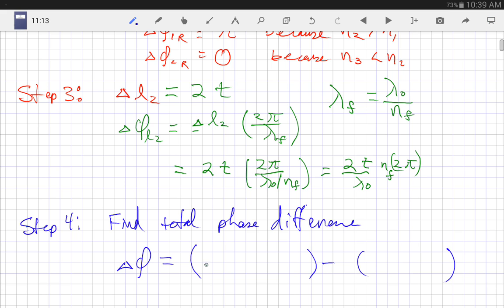Well, for path 2, I had 2 pieces, and for path 1, it was just 1. So that is going to give me my total phase difference.